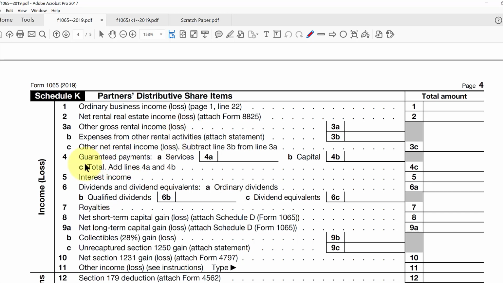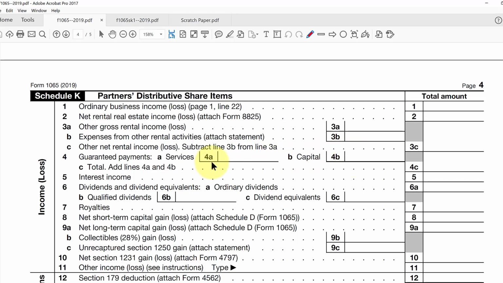Here's that guaranteed payment item again, but this time it's reported not as a deduction, which was already subtracted to get this ordinary business income, but as the amount the partner has to report as income, based upon, say, the services provided by that partner to the partnership, or investments or property lent to the partnership by that partner.